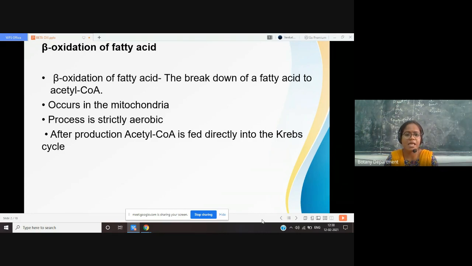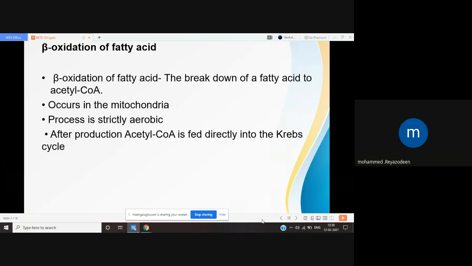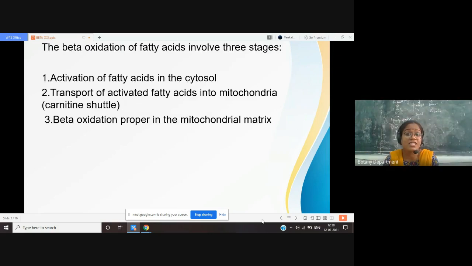Now you understand the importance of beta oxidation of fatty acids, girls? It involves three stages. Very, very important. What are the three stages? First, activation of fatty acids in the cytosol. Whatever fatty acids are there in our cytosol, first they must be activated.